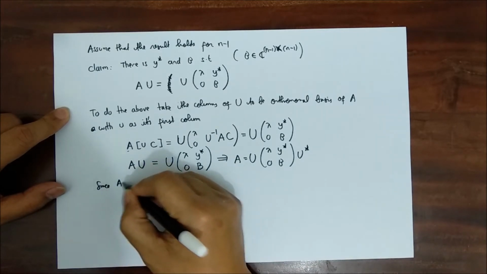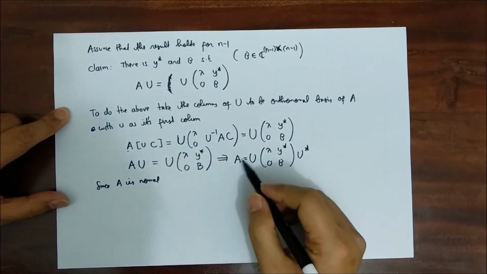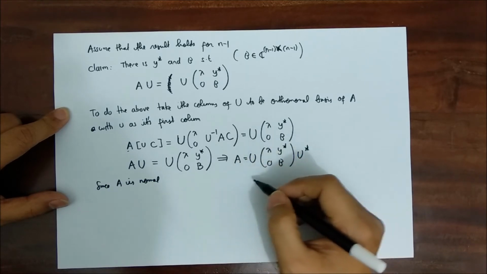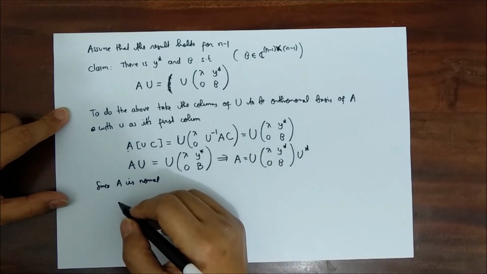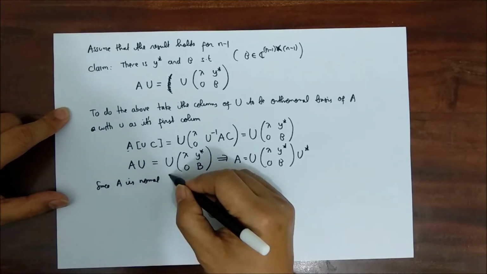Remember that A is normal. Since A is normal, we can multiply this A with A star, and then compare with A star times A. From the equation that A star times A is equal to A times A star, let's do this.